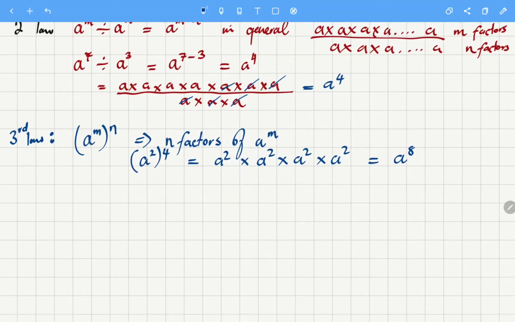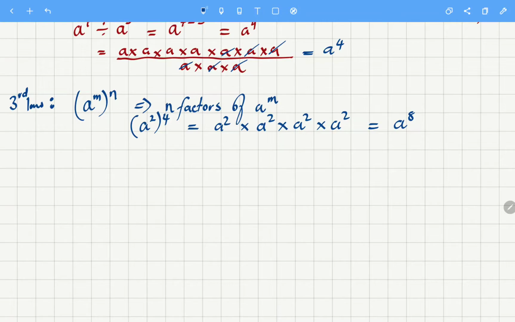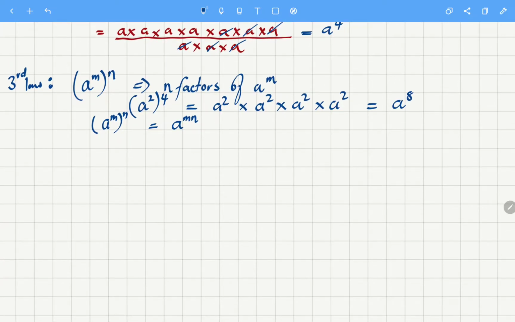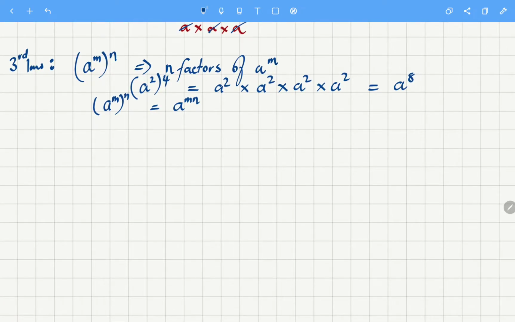I'm also gonna give you a general form: a to the power m, all to the power n, is a to the power mn. But if we've got, say, a times b, cubed, that does not equal a times b cubed.